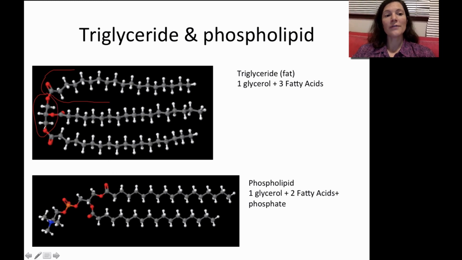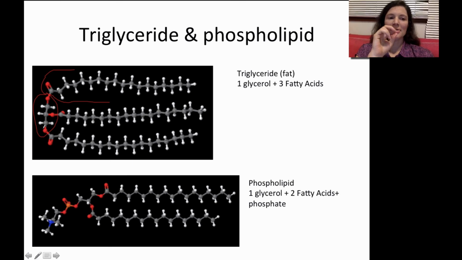And I should show you guys a condensation reaction to form a triglyceride. But you're going to have the end of this fatty acid, so the COOH, and then you're going to have the end of this O with an H on it. And then to make that bond, you will take out a molecule of water.